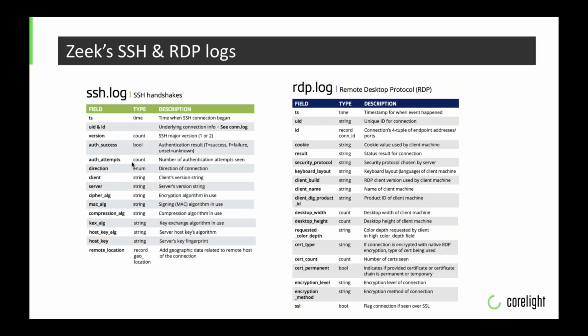All right, let's take a look at the RDP log. I know a great example: keyboard layout. That would be the seventh field down there on the RDP log, keyboard layout. Why does that matter? Well, there's a pretty interesting use case for that particular piece of information.